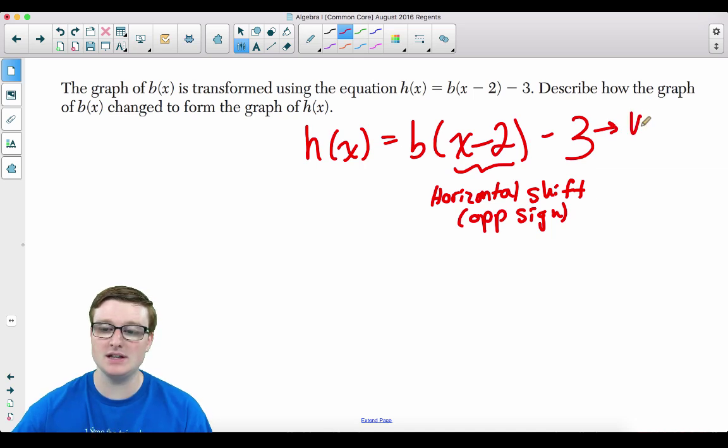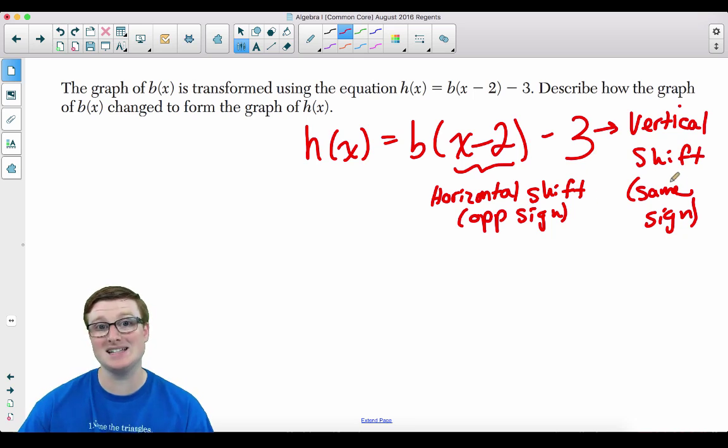This number over here is a vertical shift, and it is the same sign, meaning that the direction that you go is the same as the sign.